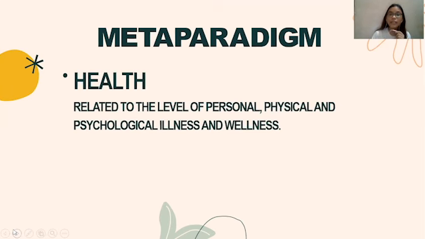So, health is related to the level of personal, physical, and psychological illness and wellness. So, itong health ay directed towards your lifestyle. Kung may gusto ka mang baguhin, kung may gusto ka mang i-improve, kung may gusto ka mang alisin, pwede. Because this shown by links, relations between different parts of the scheme.